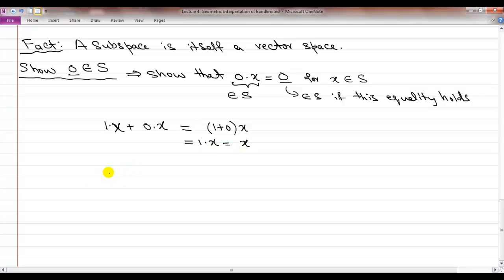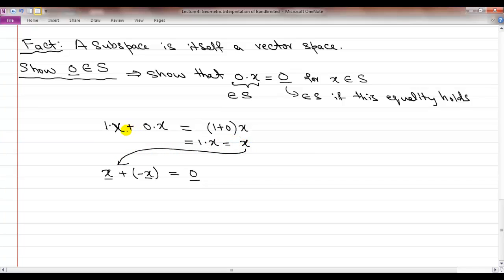Now the other fact that we know is that x plus minus x, by the additive inverse property, has to be equal to the 0 vector. So what I'm going to do now is put this x here.